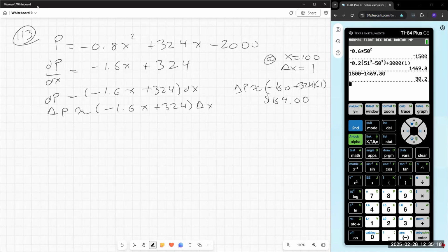And then for part B, compare with actual delta P. Like we've been doing.